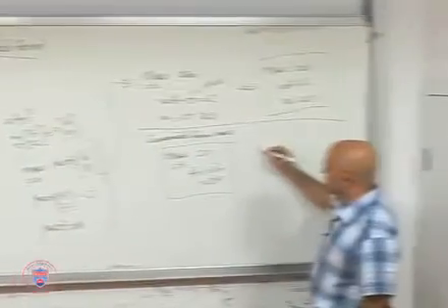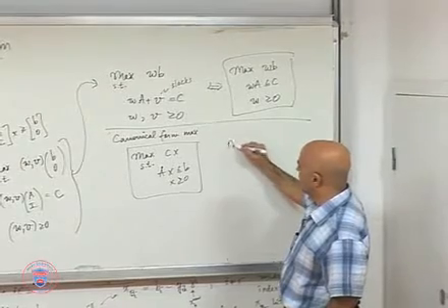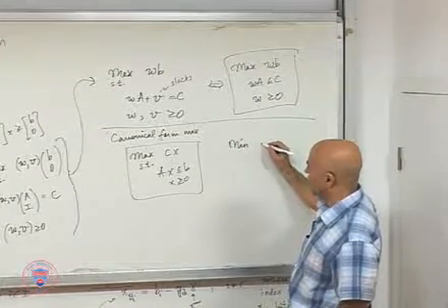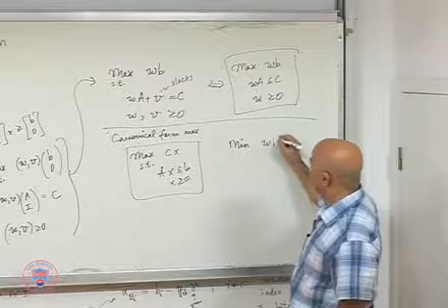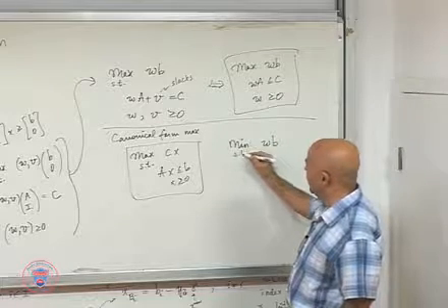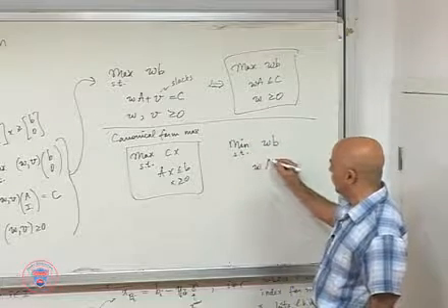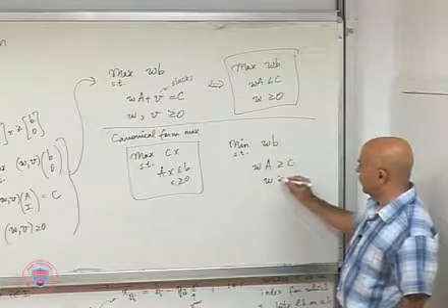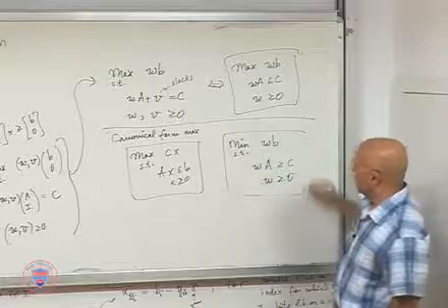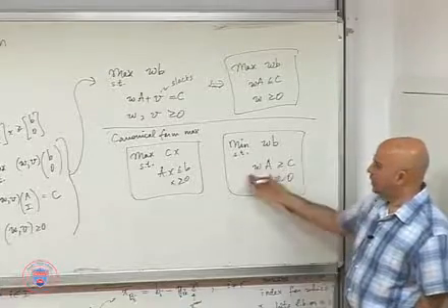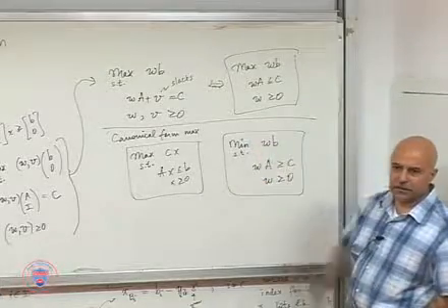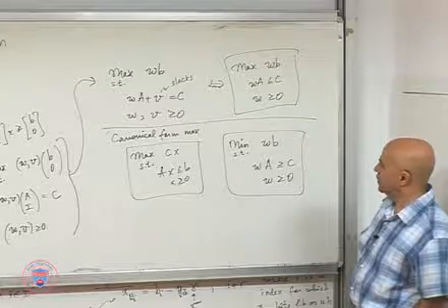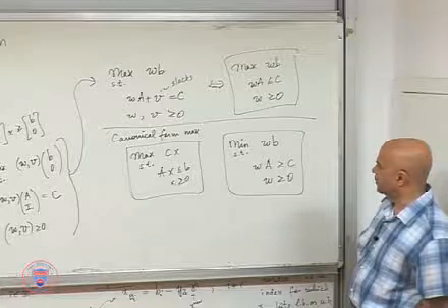The dual of this is going to be a minimization problem of the form Wb being minimized subject to WA greater than or equal to C with W non-negative. Again, you can derive this from the initial motivating idea.